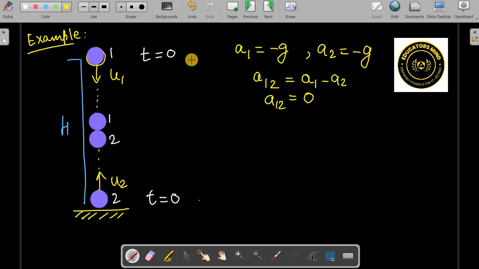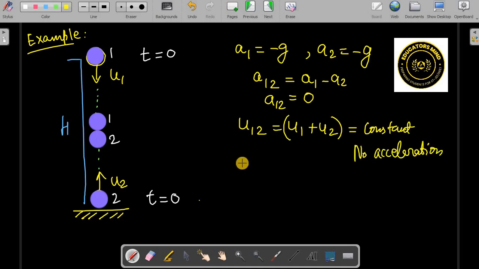With respect to 2, the initial velocity of 1 is u1 plus u2, since you are doing opposite directions, so the magnitudes get added. This velocity will remain constant because there is no acceleration.